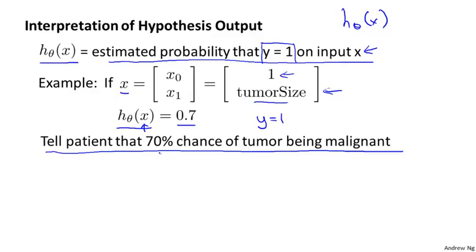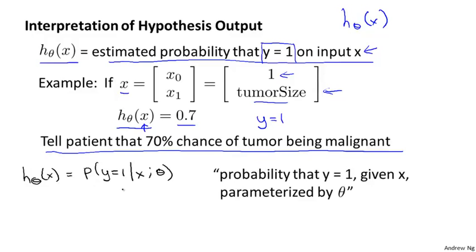chance of being malignant. To write this out slightly more formally, or to write this out in math, I'm going to interpret my hypothesis output as p of y equals 1 given x parameterized by theta. So for those of you that are familiar with probability, this equation may make sense. If you're a little less familiar with probability, here's how I read this expression.